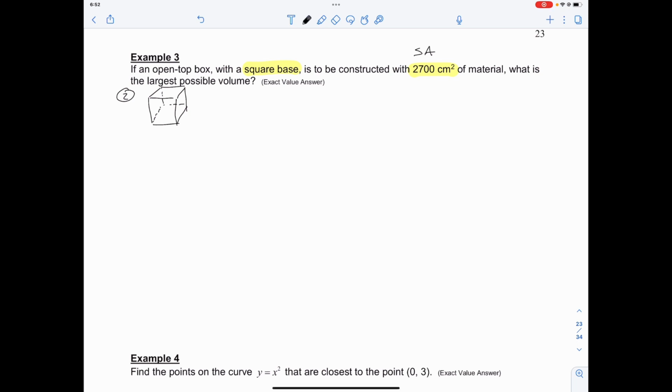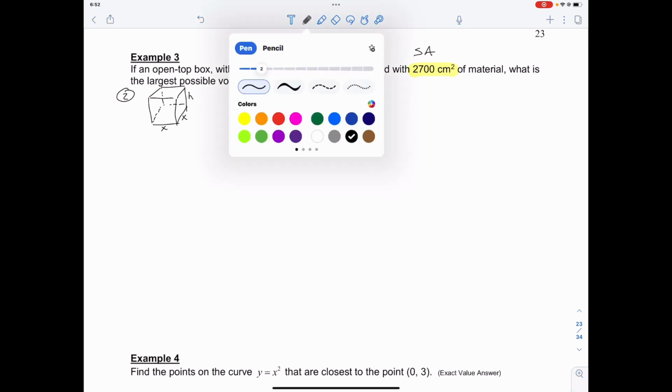Well, if the base is square, then the side lengths on the base have to be the same, but it doesn't mean that the height has to be the same. So what are we going to say?